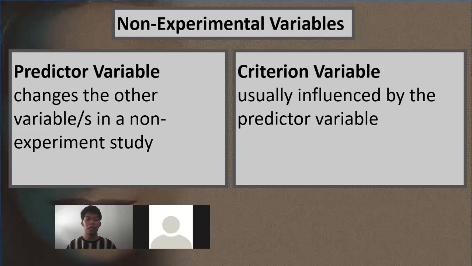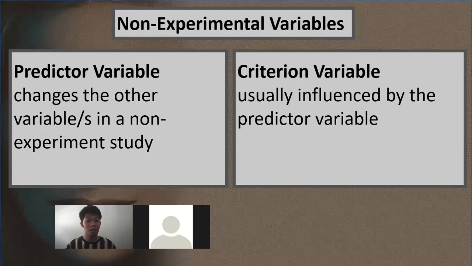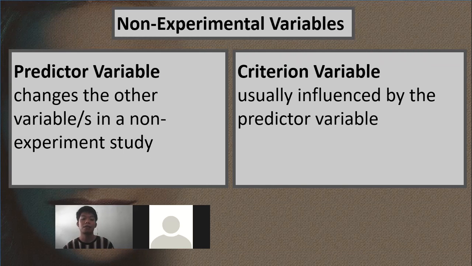A specific institution that is using predictor criterion variable, itong University of Mindanao. Lahat ng courses na may licensure examination, they have mockboard examination. So the purpose of mockboard examination is to determine if their graduates can pass the licensure examination when they take the PRC test, or whether it could be bar exam.